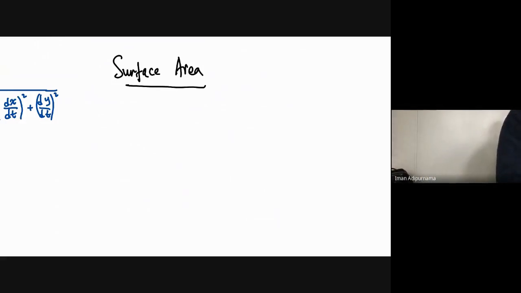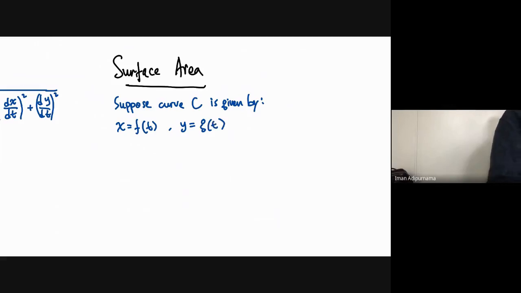Let me write the conditions. Suppose curve C is given by x = f(t), y = g(t), with t from alpha to the endpoint, let's say beta.